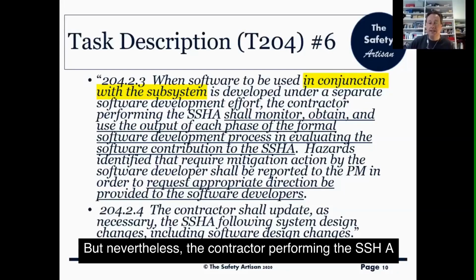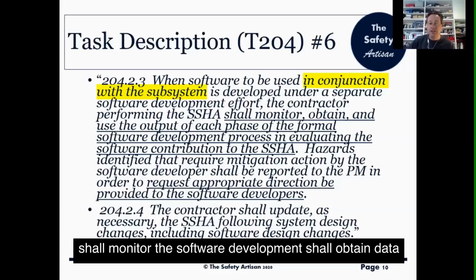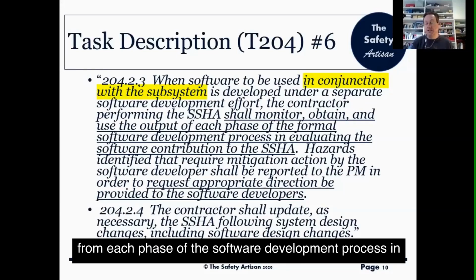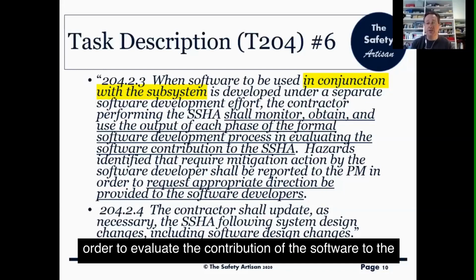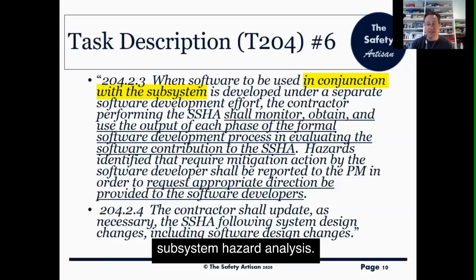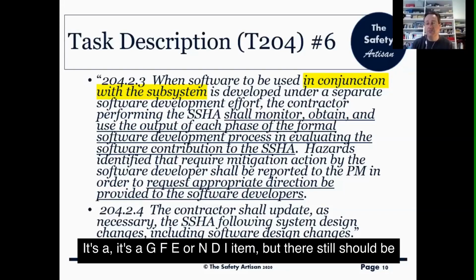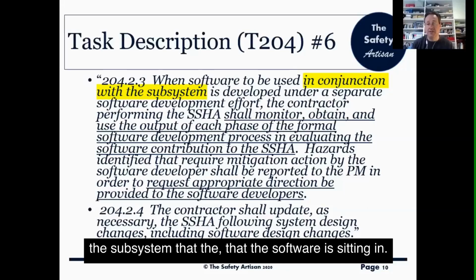But nevertheless, the contractor performing the SSHA shall monitor the software development, shall obtain data from each phase of the software development process in order to evaluate the contribution of the software to the subsystem hazard analysis. It's a GFE or NDI item, but there still should be evidence available, or you do a black box analysis of the subsystem that the software is sitting in.